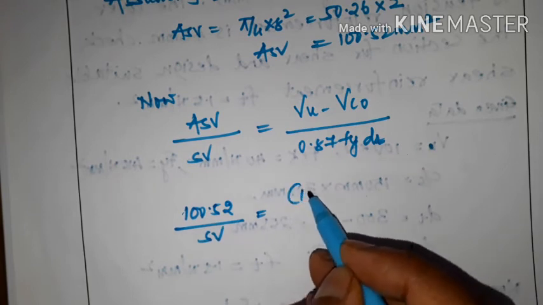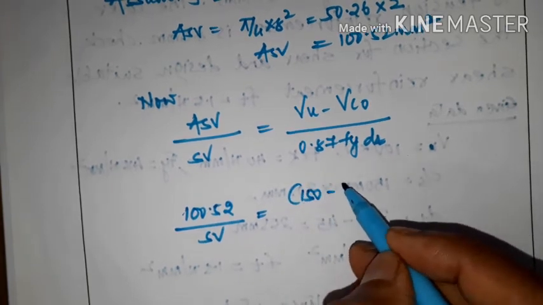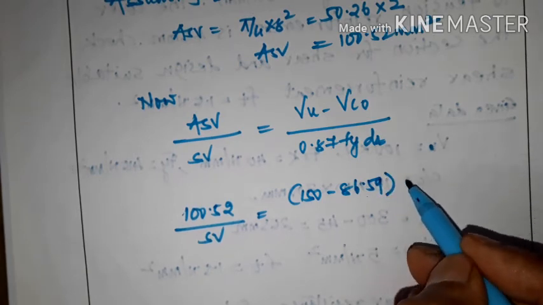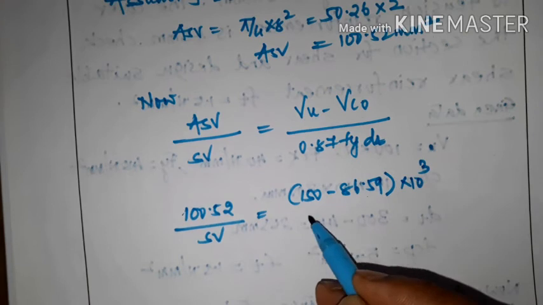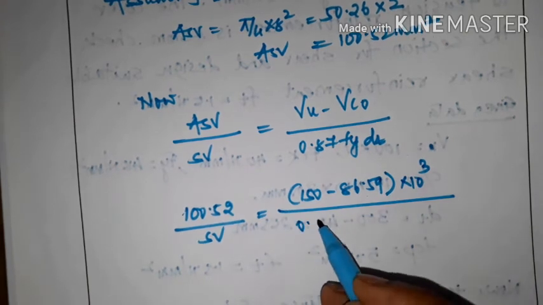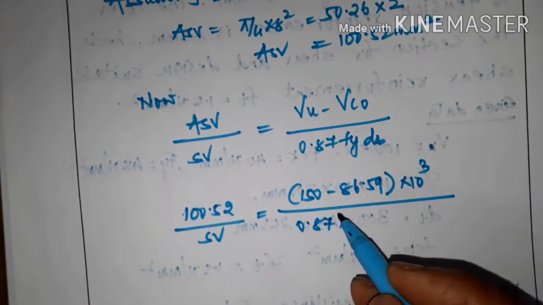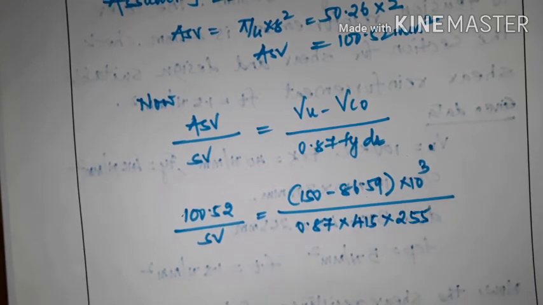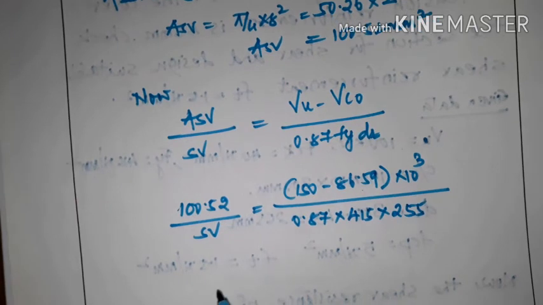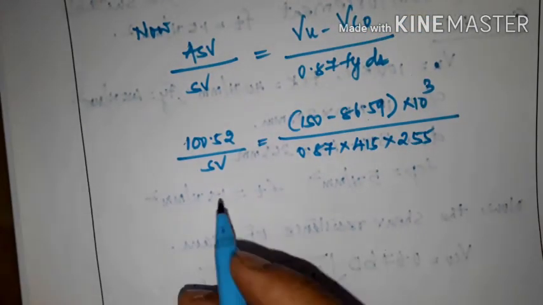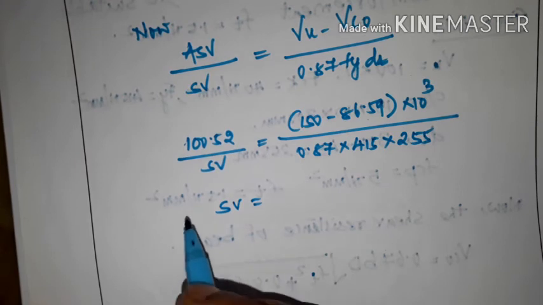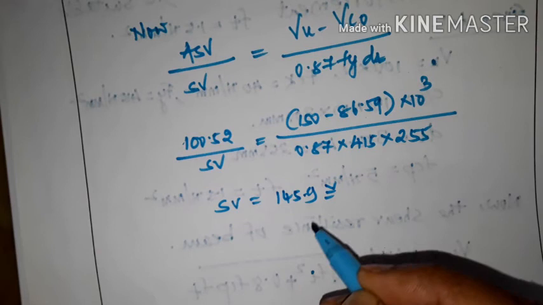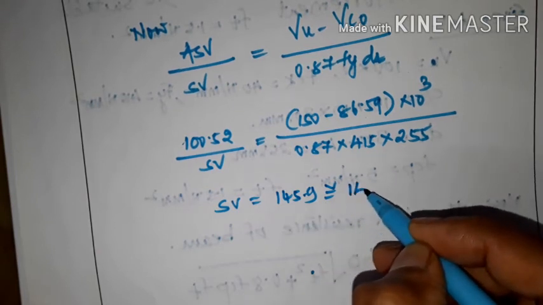This is 150 minus 86.59 into 10⁻³ to make it in Newton, divided by 0.87 Fy is 415 into dt is 255, that is effective depth. So we will get SV is equal to 145.9. So we will round figure to 140 mm.